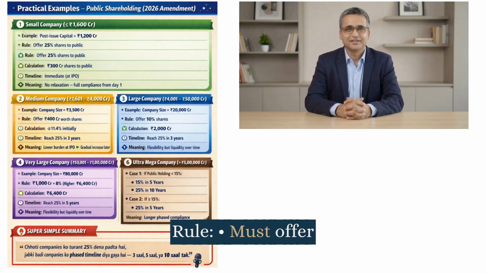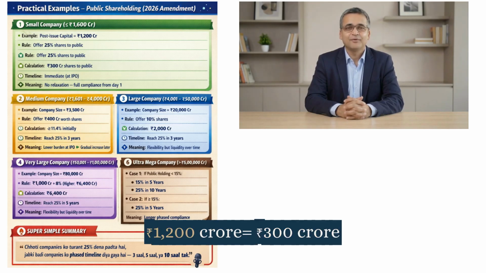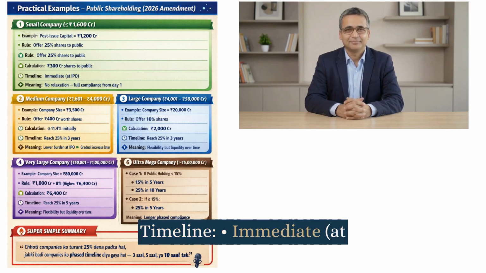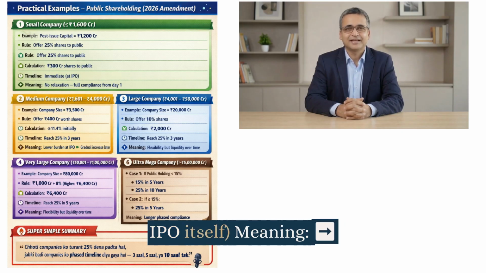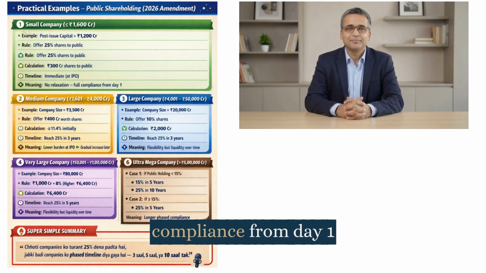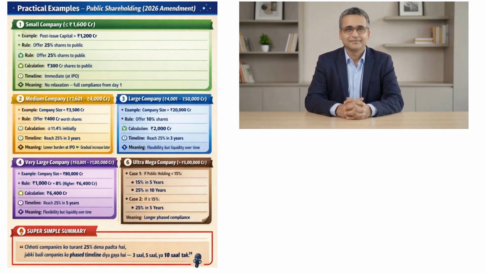Rule, must offer 25% shares to the public. Calculation, 25% of 1,200 crore rupees equals 300 crore rupees shares to the public. Timeline, immediate at IPO itself, meaning no relaxation, full compliance from day 1.